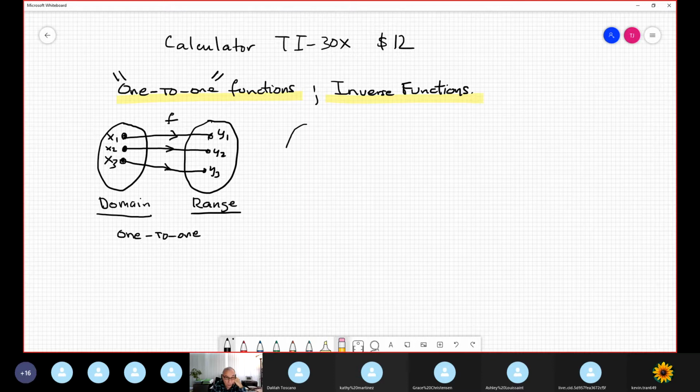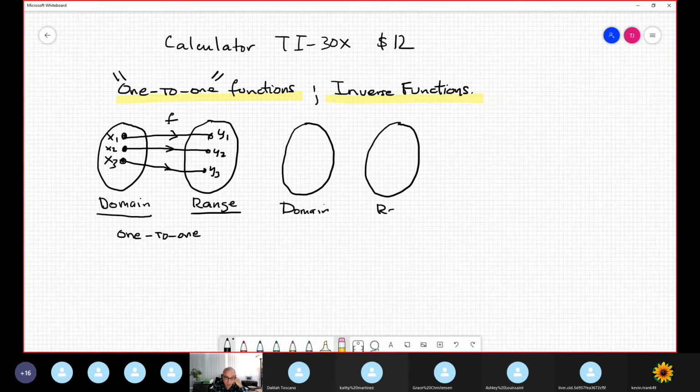No. We have another possibility in which, for example, again domain, now again range. Suppose 3 elements each: x1, x2, x3, and y1, y2, y3.